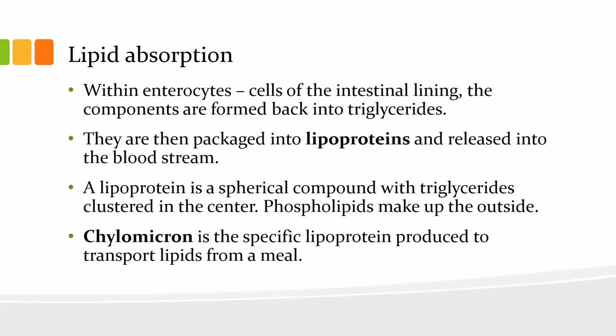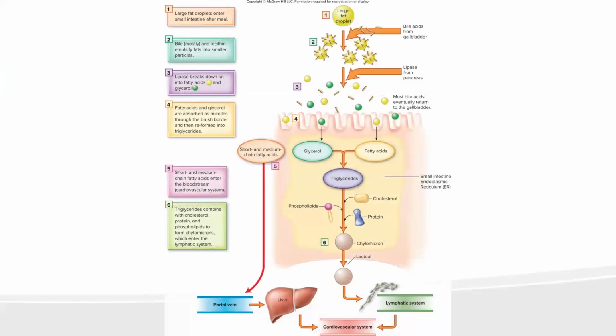Now, a lipoprotein is a spherical compound with triglycerides in the middle and phospholipids making up the outside. A chylomicron is a specific lipoprotein that's produced when we transport lipids from a meal product. So this is the overall view. You can pause here and make sure that this makes sense and that you know all the players here.